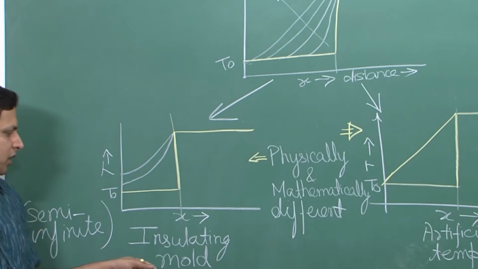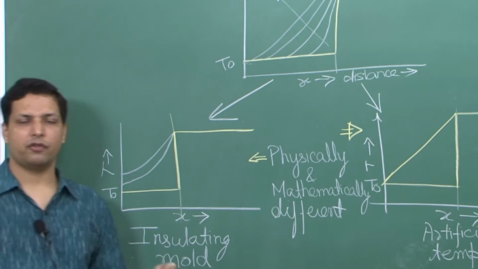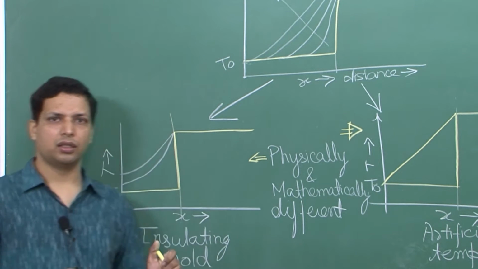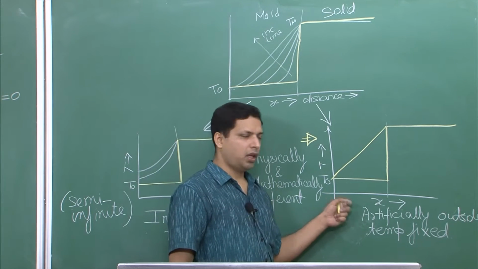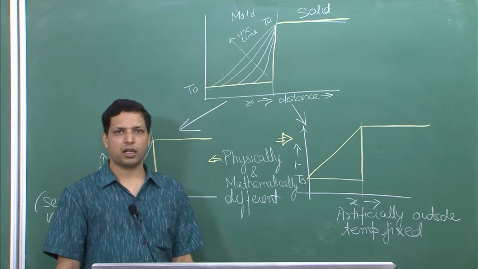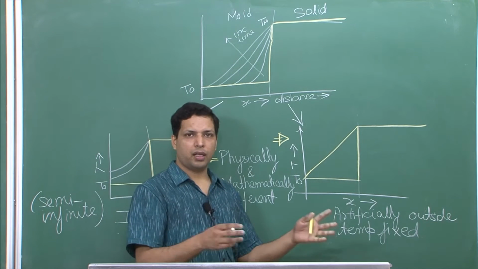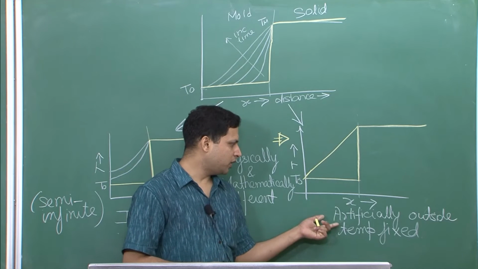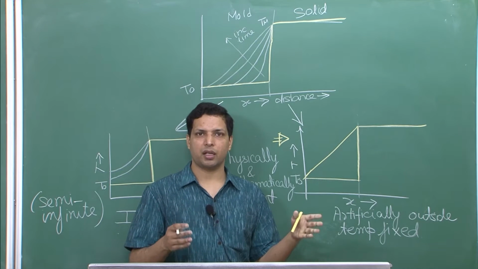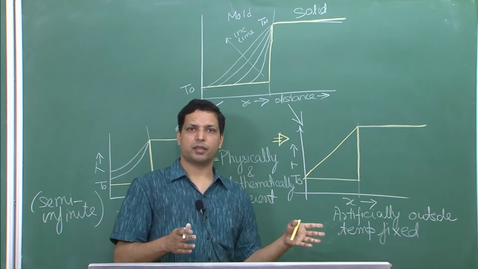And this particular condition means that we are not using any artificial mechanism of cooling the mold from outside. In here, you remember, if you are talking about a simple sand mold casting, which we are doing in our usual laboratory processes, we are not actually using this, because we are not keeping the temperature fixed from outside by any mechanism.